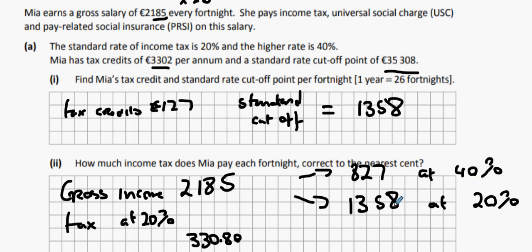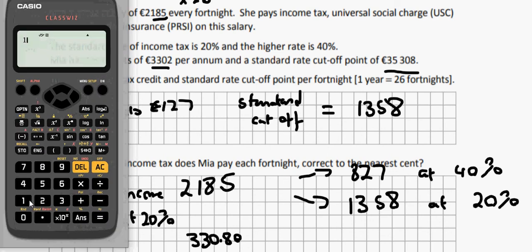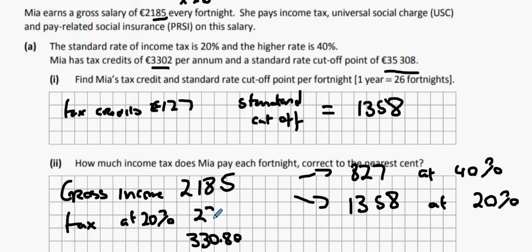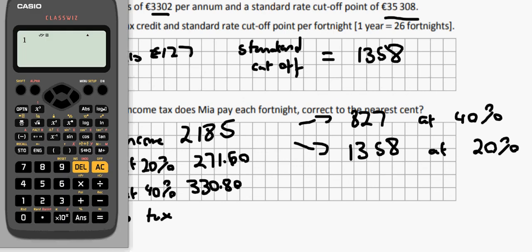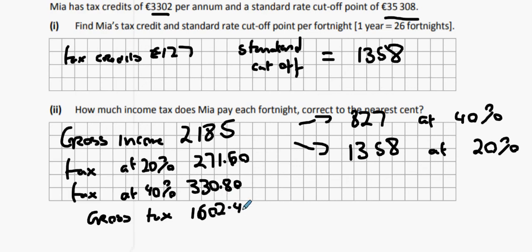What do you get for 20% of 1,358? 271.6. All right. Now, and that's tax at 20, and tax at 40. What's your gross tax? Gross tax is how much tax you're meant to pay. You add the two of them together. What happens when you add the two of them together? Alrighty. 1,602.40.